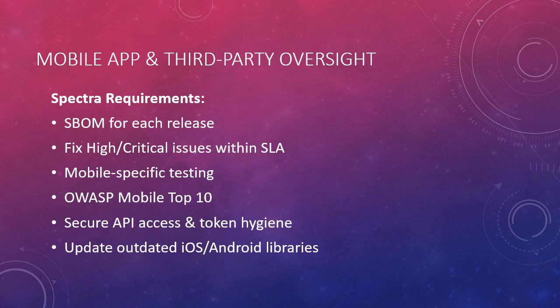They must comply with the OWASP Mobile Top 10, and releases must pass through SAST, DAST, and mobile security testing. Any critical or high vulnerabilities must be fixed before the app goes live.